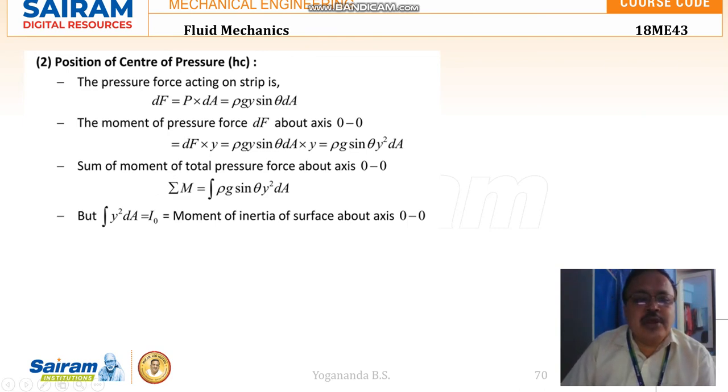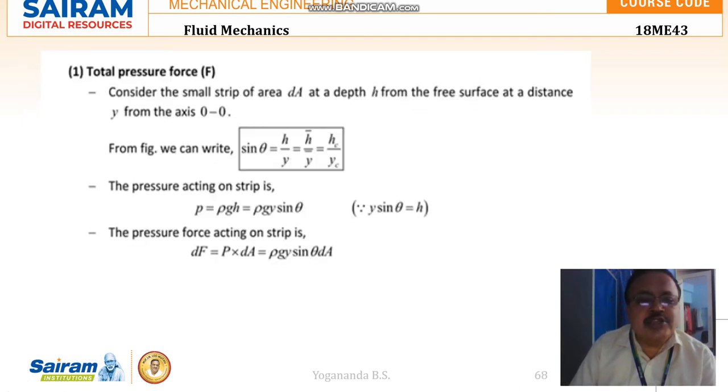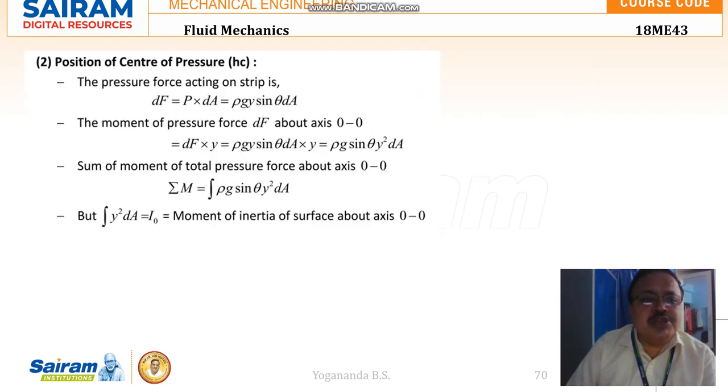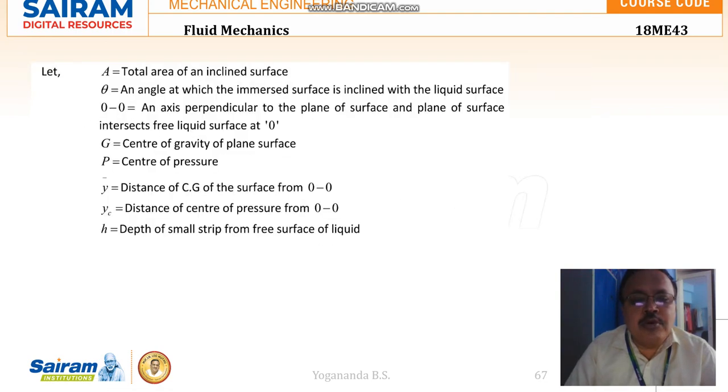Now the position of the center of pressure. We take the pressure force acting on the strip, dF, equal to p into dA, which we have already written here. Now that pressure force is multiplied by the distance, so dF into y. That gives the moment of the pressure force about the axis OO.